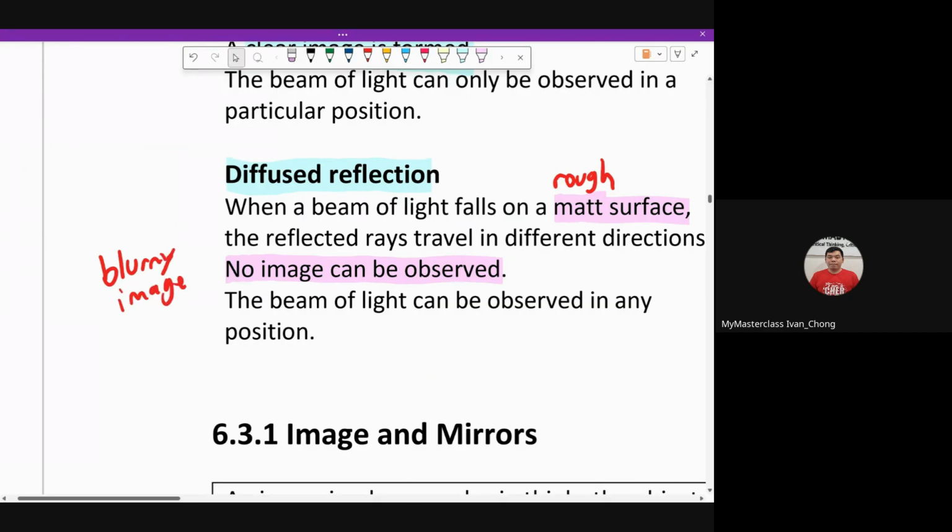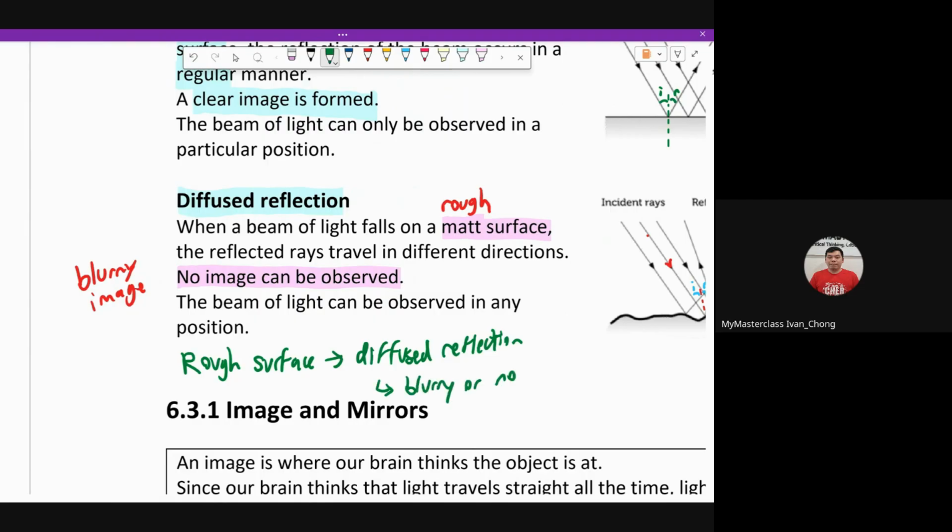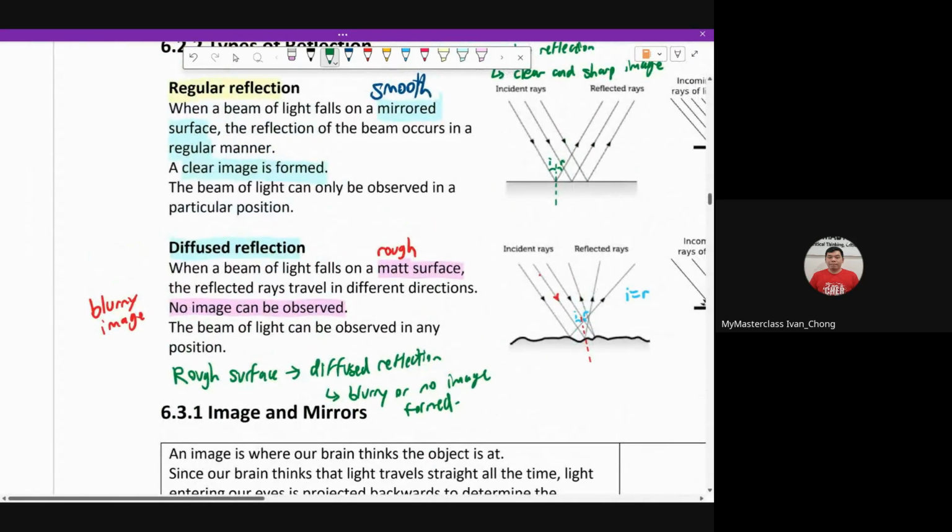Okay, so over here, let me just use green color, rough surface, what does it mean? You will have diffuse reflection. If you have diffuse reflection, what does that mean? You will have blurry or no image form. Okay, so all of this, you need to take note.